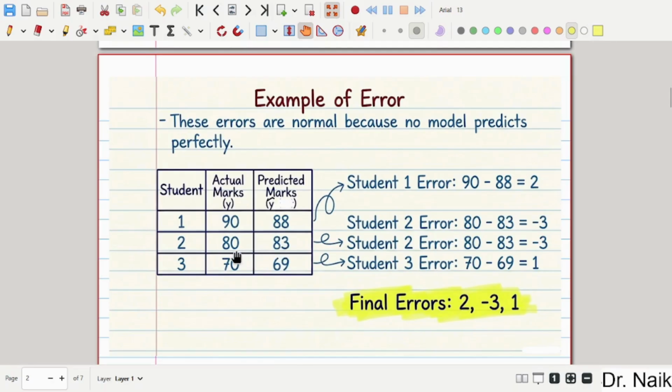So the error is 80 minus 83, that is minus 3. For student 3, the actual marks are 70, but the model predicts 69. So the error is 70 minus 69, that is 1. So these 2, minus 3, and 1 are the errors.